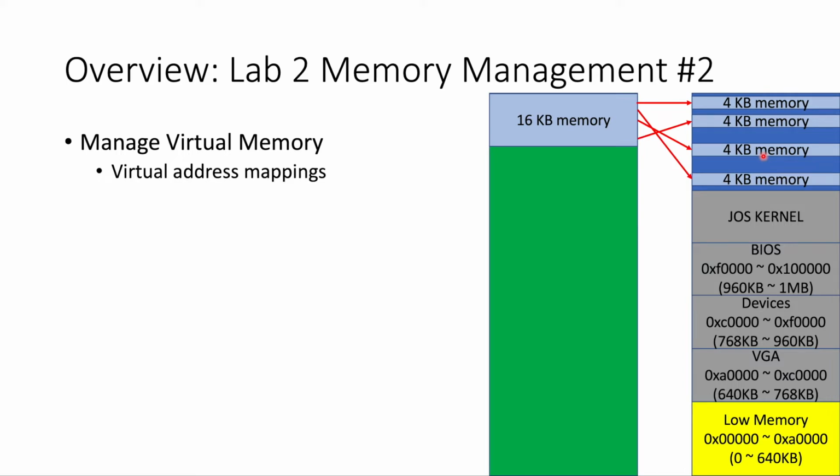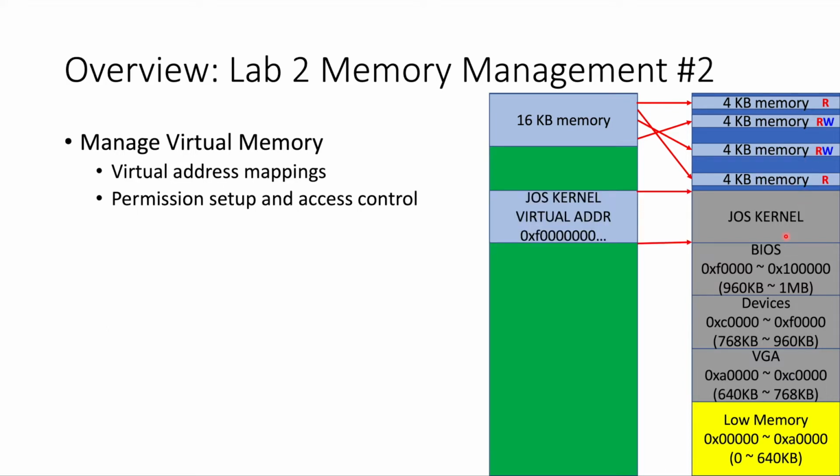We can also set up permission bits in the page table entry for controlling memory access, for example, these two pages are read-only and these two pages are read-writable. And we can also have different permission mappings in the page table entry for controlling memory access.